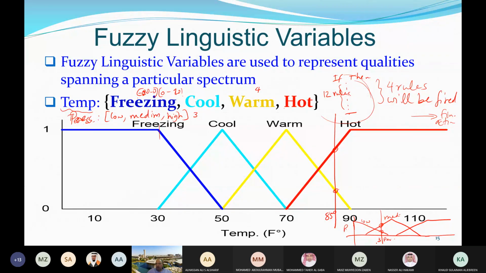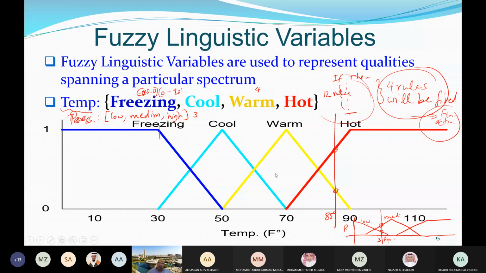So this is the numerical value. We convert the numerical values to linguistic values: low, medium, mild, warm, hot. So this is the fuzzification. And then we will see the fuzzy inference, and then at the end we will see the defuzzification. So we convert back from the linguistic values to numerical values.